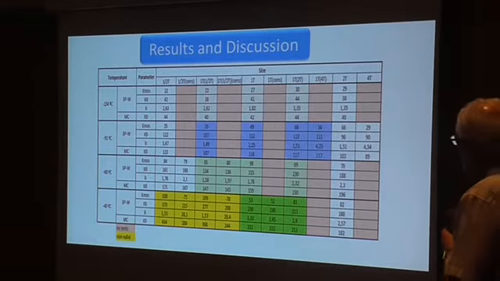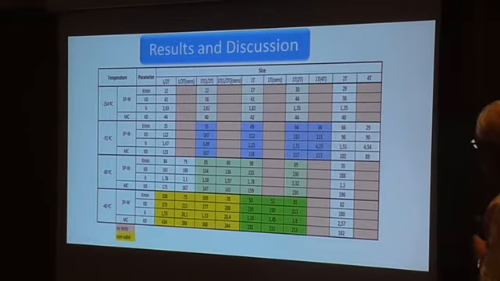Results. We have here a table with different temperatures and different sizes. We have original values, half T, 1T, 2T, 4T.